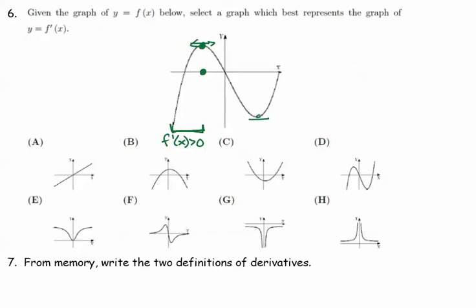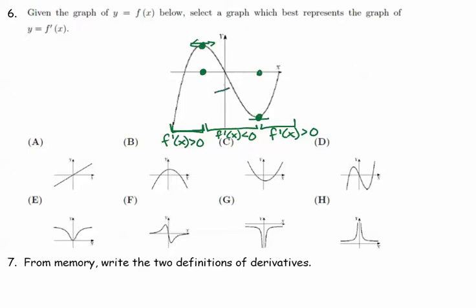And here's another smooth turning point with a derivative of 0. But between these 2 points, the graph is falling, decreasing. So f prime of x has to be less than 0 in this section. And then our graph is rising again. So f prime of x has to be greater than 0. So that's probably enough for us to find our graph. We want it to be positive, negative, positive.